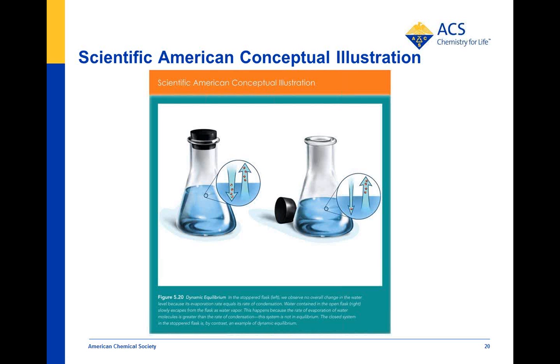They take a look at the difference between a true equilibrium on the left, and on the right, what happens if you take that stopper off and you no longer have a closed system. You have just a steady state where there is continuous evaporation and not very much going back into the liquid.